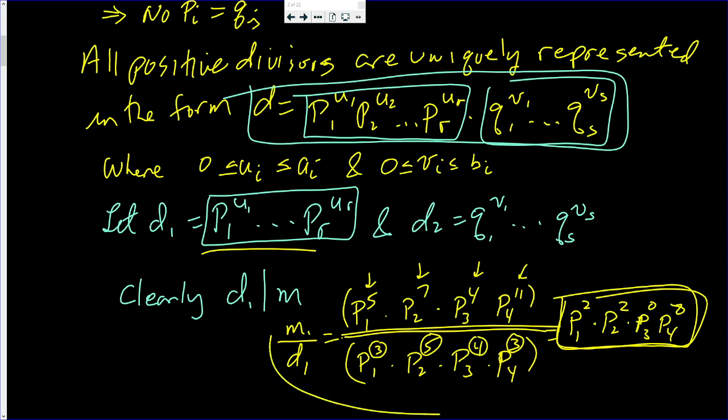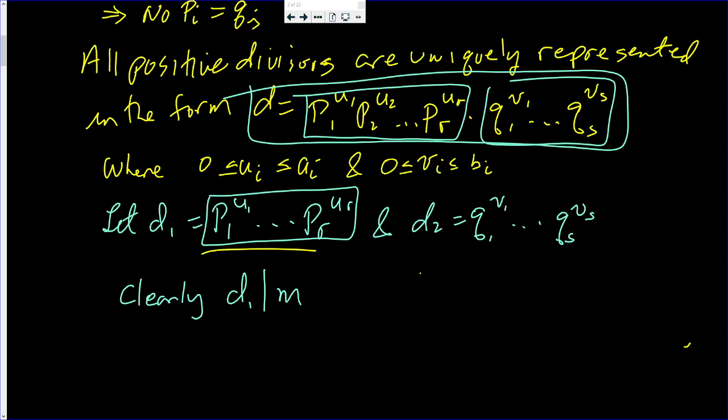And the same thing for D2 dividing n. No magic there. The powers are no bigger in D1 than in m, so D1 is going to divide it. And likewise, D2 will divide n. Okay, and here's the end of the proof.